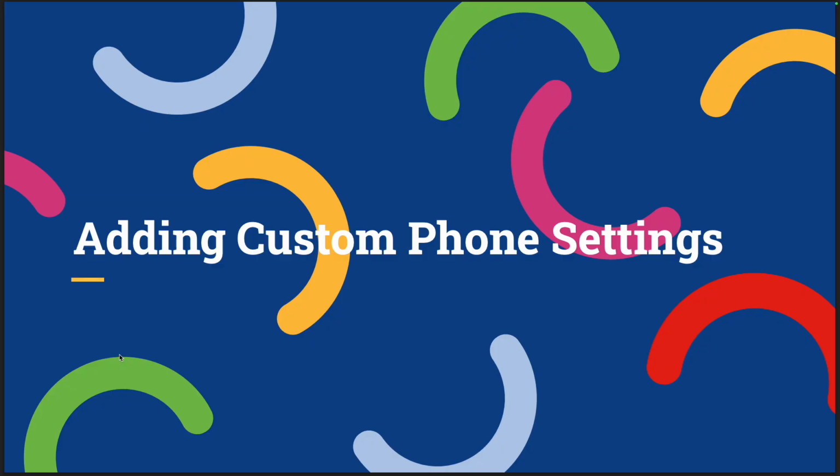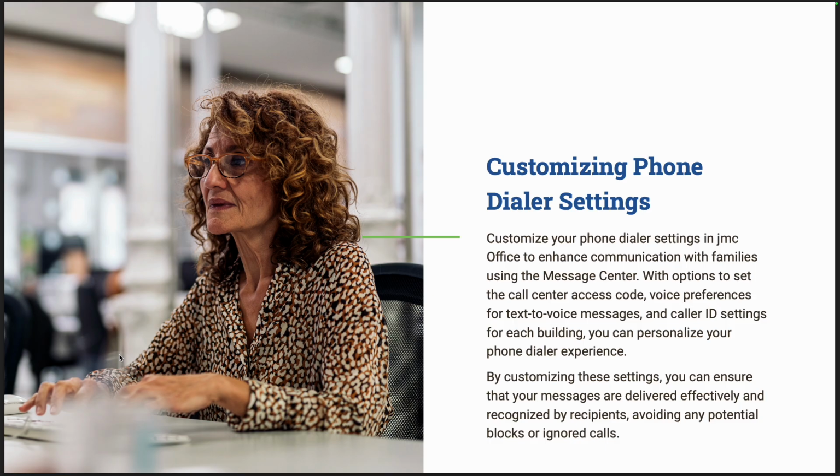Adding custom phone settings. Customize your phone dialer settings in JMC Office to enhance communication with families using the Message Center. With options to set the call center access code, voice preferences for text-to-voice messages, and caller ID settings for each building, you can personalize your phone dialer experience.